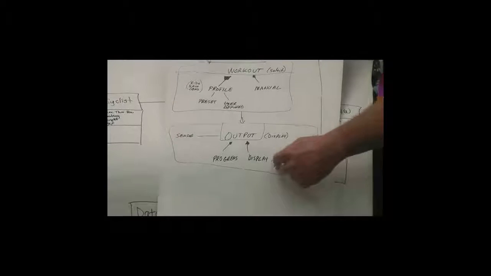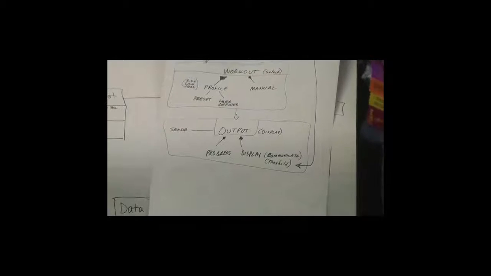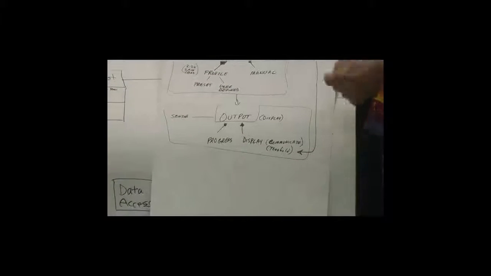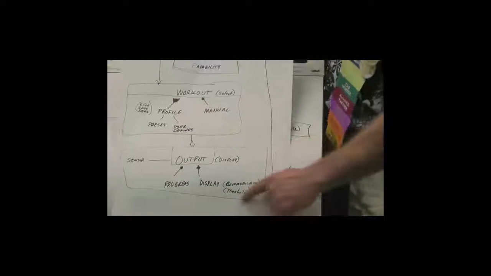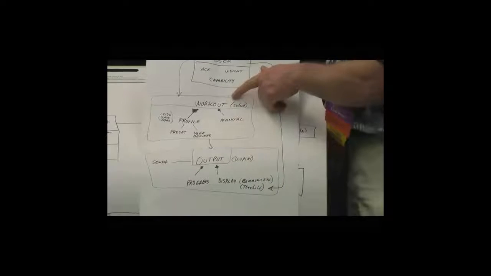And also we display the thresholds, if there are any limits that the user should be within. So the user has a link to the threshold and also has a link to the workout. And the workout has a link to the output.